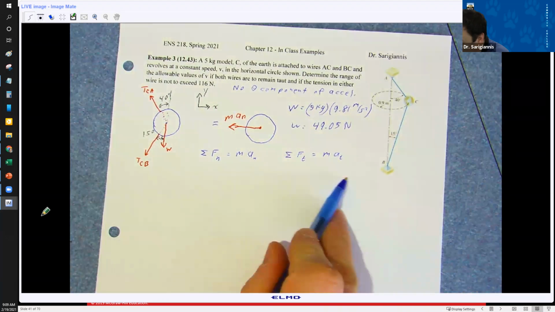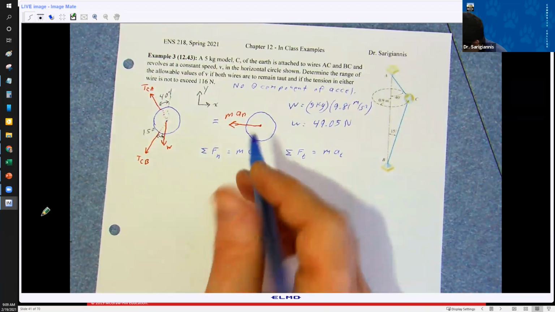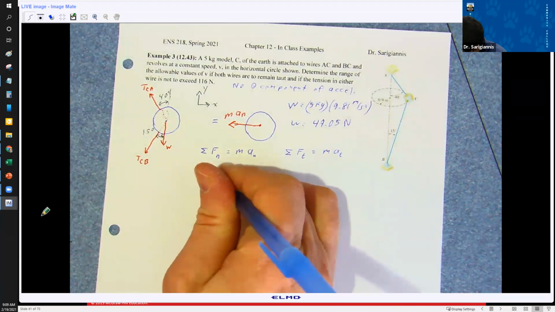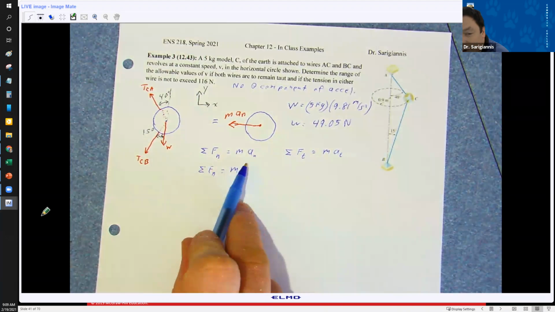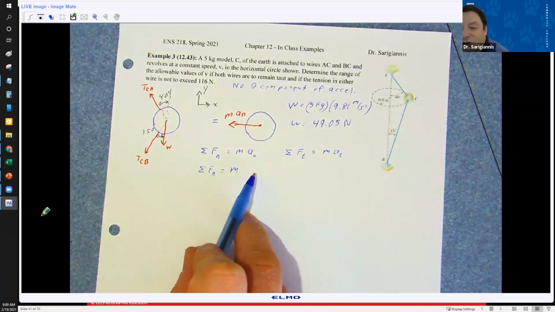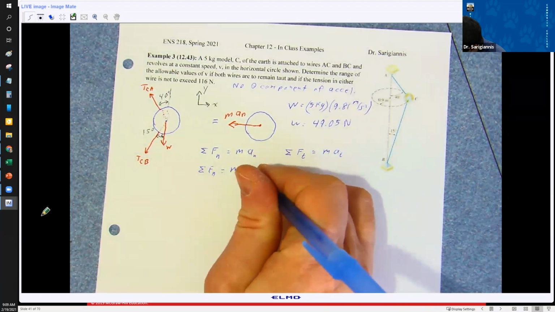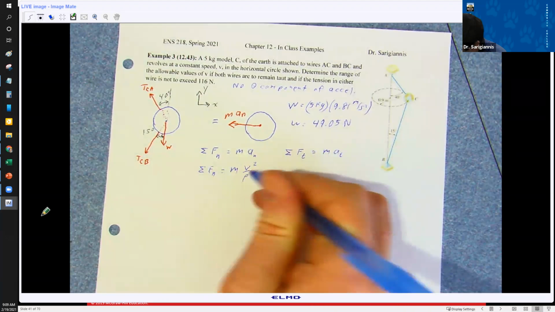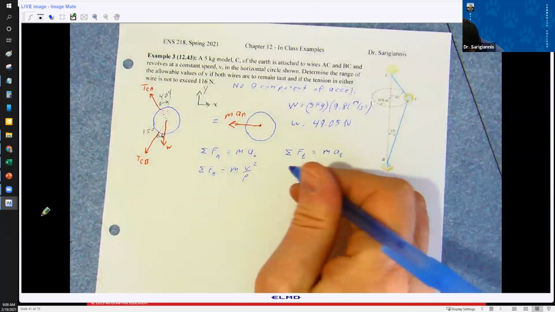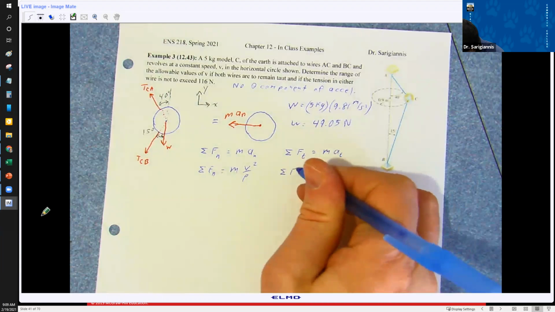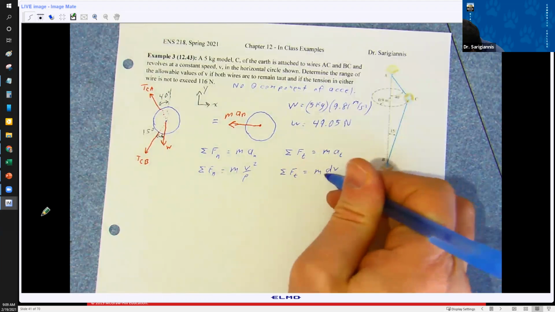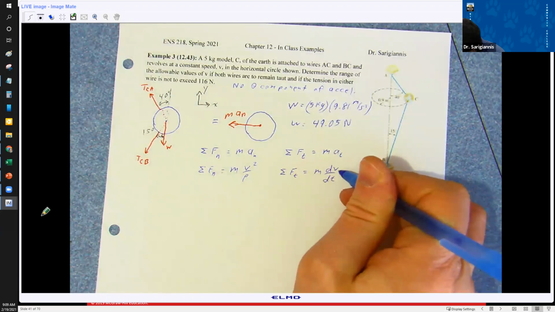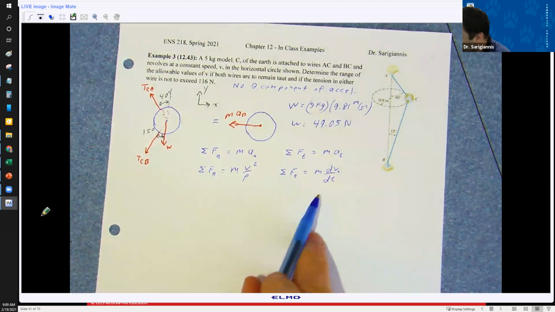Now, I want you to notice here, the normal component of acceleration in these coordinates is v squared over rho. The tangential component: we know the velocity is constant.